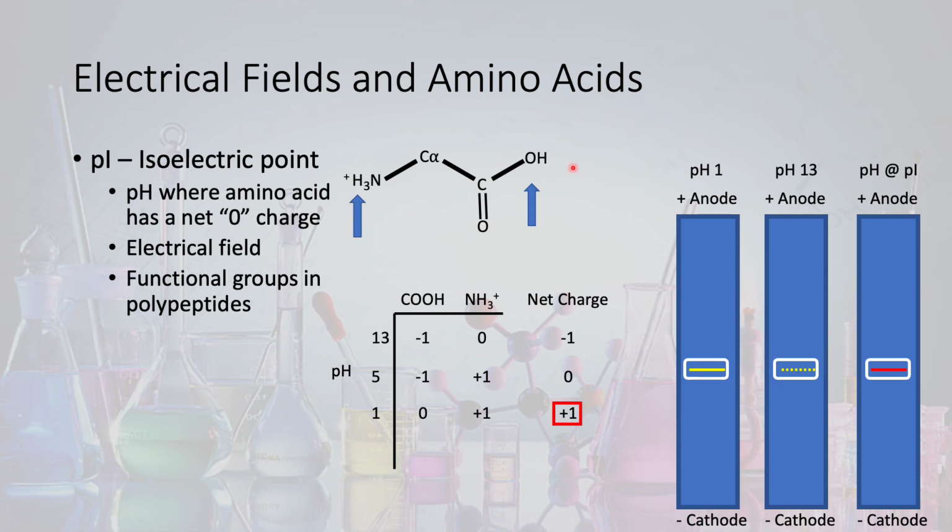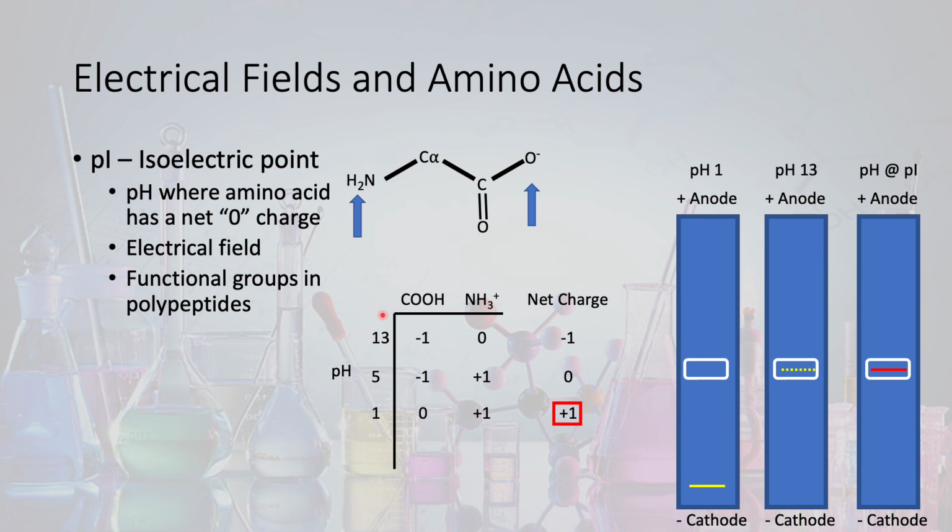We know that at a pH of 1, the net charge on this amino acid will be positive 1. This guy is protonated with a 0 charge, and this guy is protonated with a positive 1 charge. So in an electrical field, at a pH of 1, our amino acid will travel towards the cathode. Remember, cations travel towards the cathode in electrical fields.